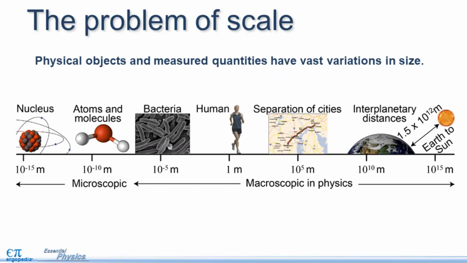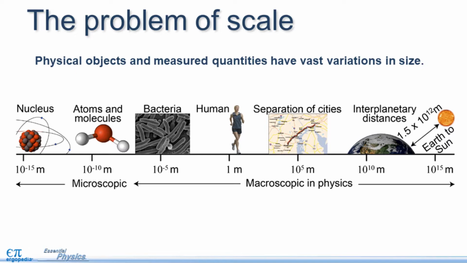In physics, we always have the problem of scale. Physical objects and measured quantities have vast variations in size. We measure all the way down to actually the smallest in the nucleus. We actually measure to the size of protons, neutrons, and quarks.